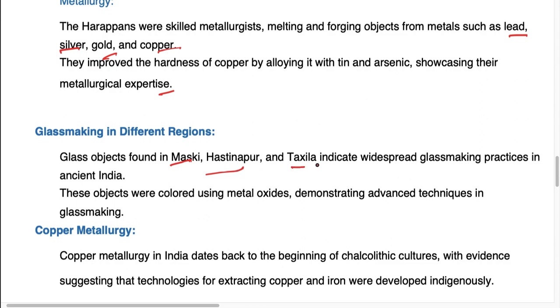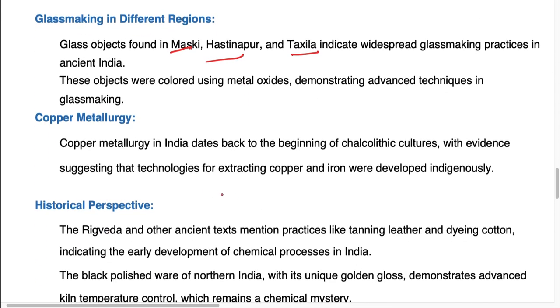These objects were colored using metal oxides, demonstrating advanced techniques in glassmaking.